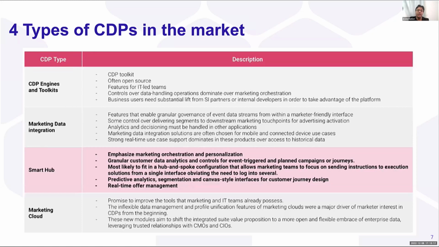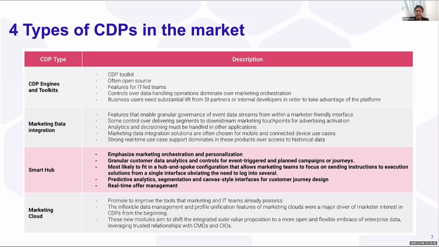And the third one is Smart Hub. These CDPs emphasize marketing orchestration and personalization, also provide data analytics, and last but not least, are marketer friendly, meaning even a marketer can configure it to send personalized content.